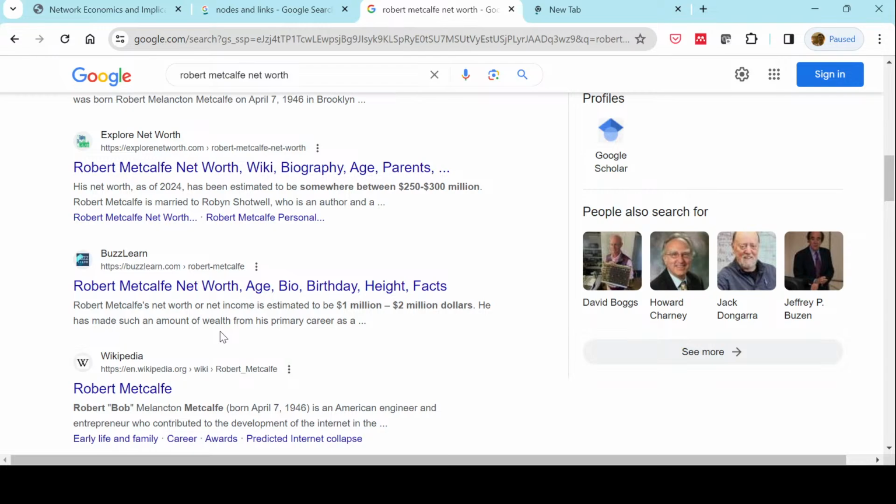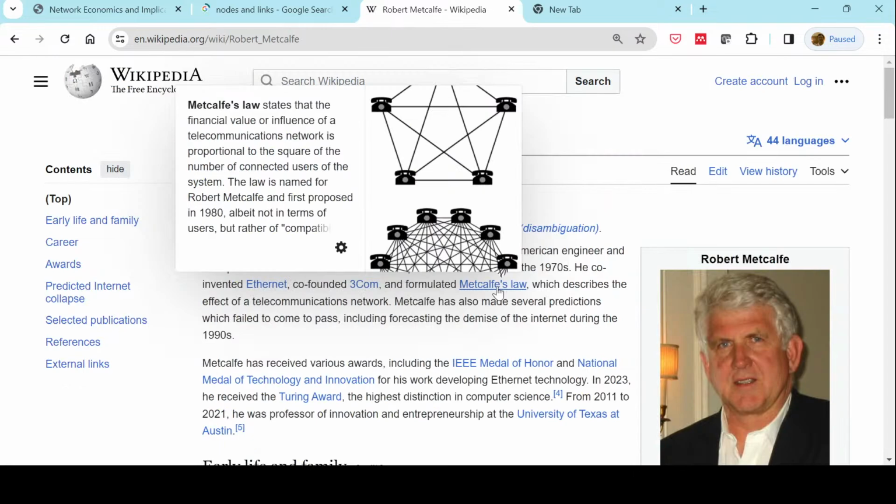It states that the financial value or influence of a telecommunication network is proportional to the square of the number of connected users of the system. The law is named for Metcalfe and was first proposed in 1980, albeit not in terms of users, but rather compatible communicating devices.